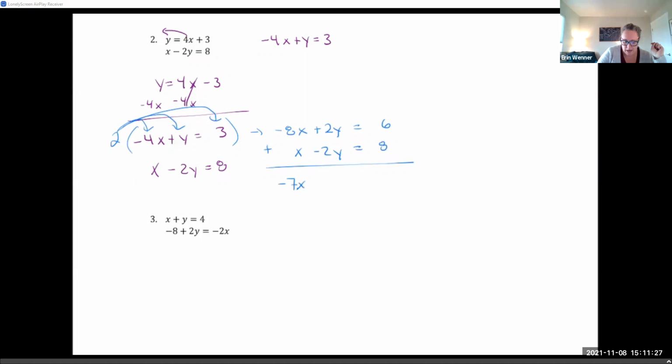Positive 2y, negative 2y cancel, and 6 plus 8 is 14. So now we have this nice little baby equation that says negative 7x equals 14. We can solve by dividing by negative 7. And 14 divided by negative 7, we get x equals negative 2.